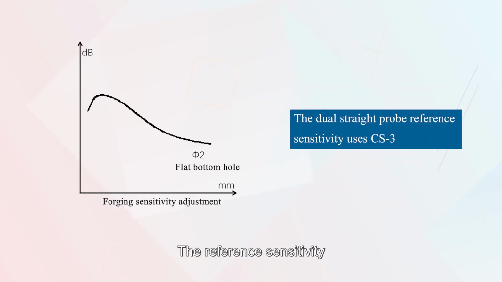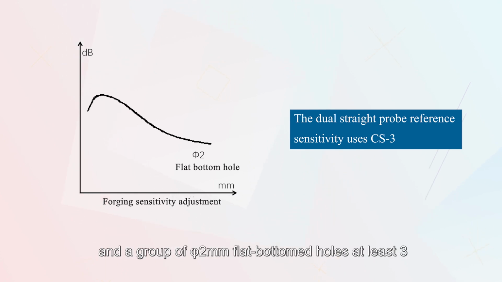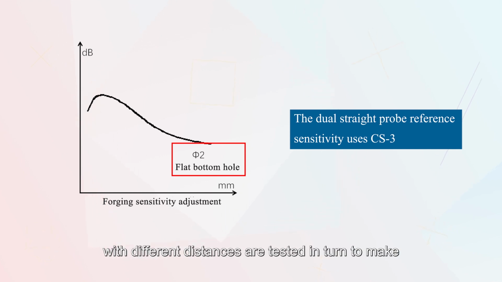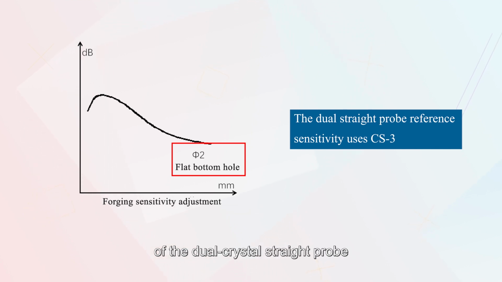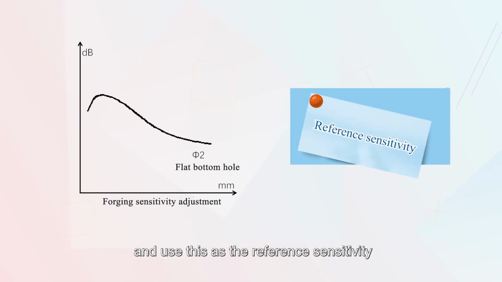The reference sensitivity of the dual crystal straight probe is CS-3, and a group of 5 2 mm flat-bottomed holes, at least 3, with different distances are tested in turn to make the distance wave amplitude curve of the dual crystal straight probe, and use this as the reference sensitivity.